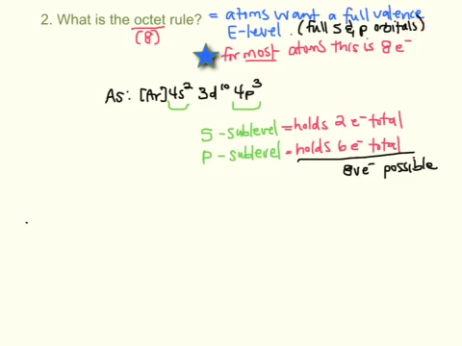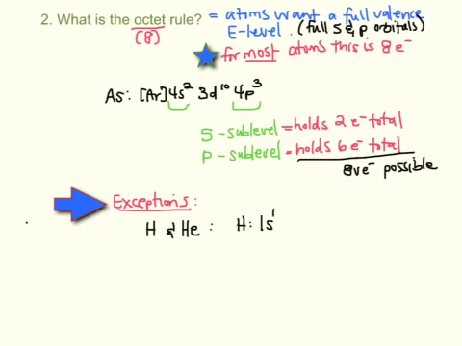Now, there are exceptions to the octet rule. The first exception are hydrogen and helium. Hydrogen and helium only have a 1st energy level, and their 1st energy level only has an S sublevel. So if you were to look at the electron configuration for hydrogen, for example, you would get 1s1. There is no P sublevel at all in the 1st energy level. And for an S to be full, remember we just talked that S only holds 2 electrons.